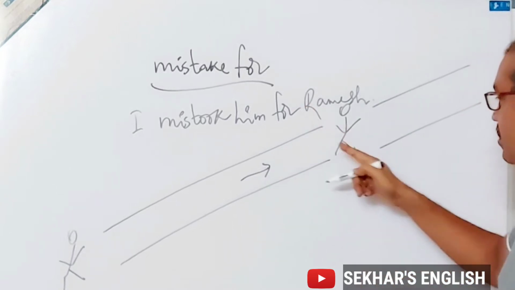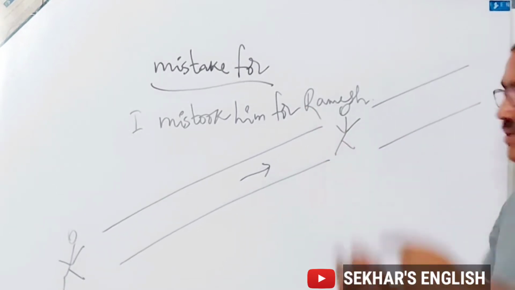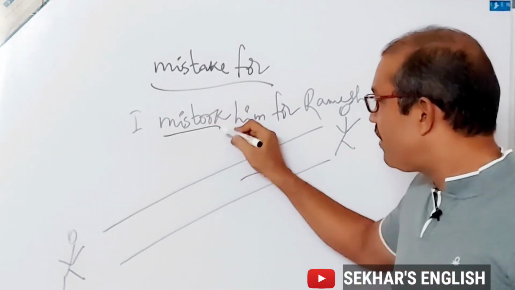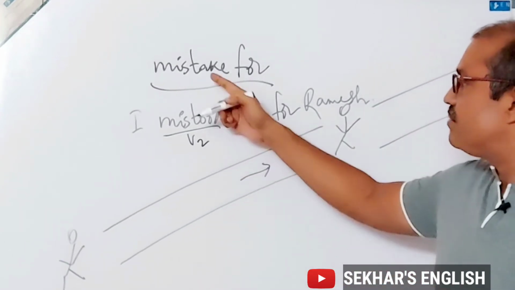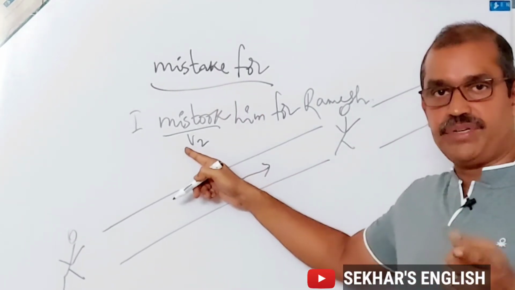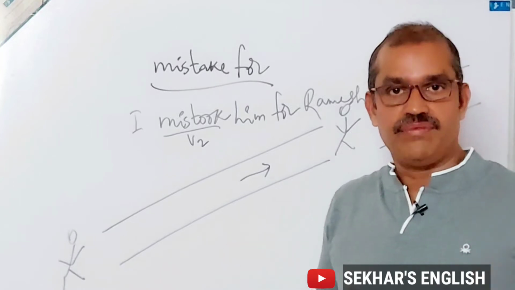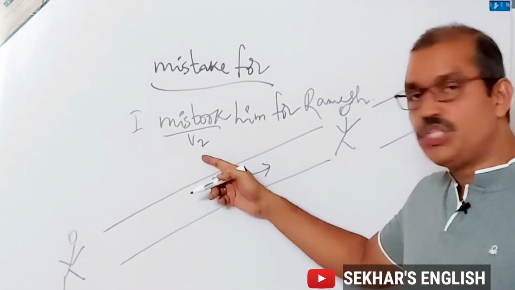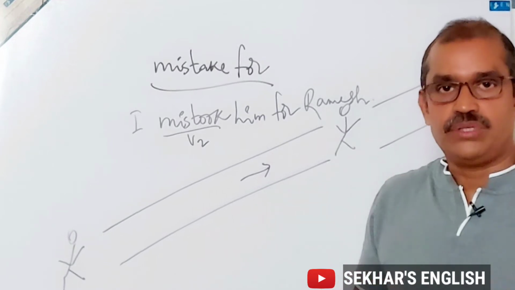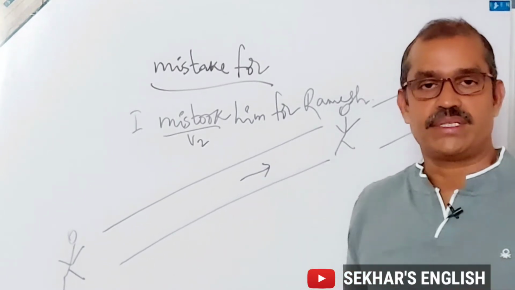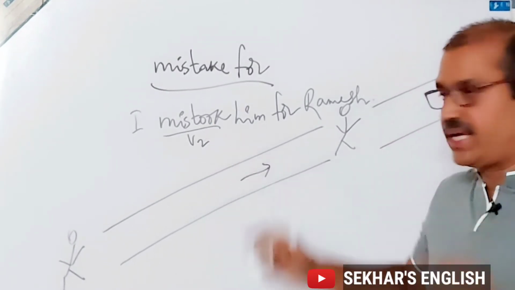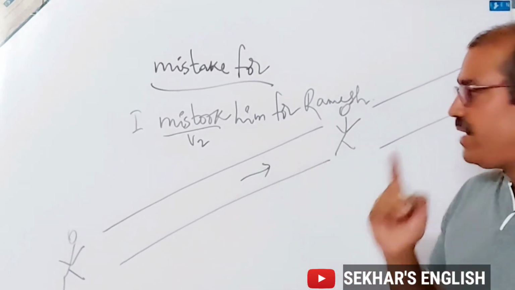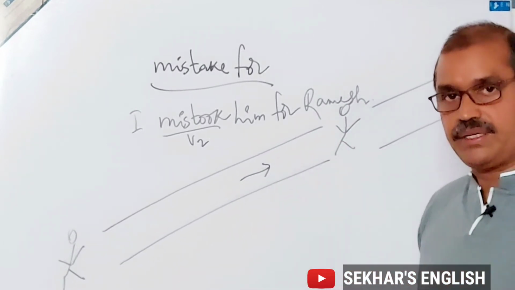Okay. So here we have used V2 form. Mistake is V1, mistook is V2, and you know that the V3 form is mistaken. So here you have used V2 form. Why? You want to express it in simple past tense. That's why you have used mistook. So I mistook him for Ramesh.